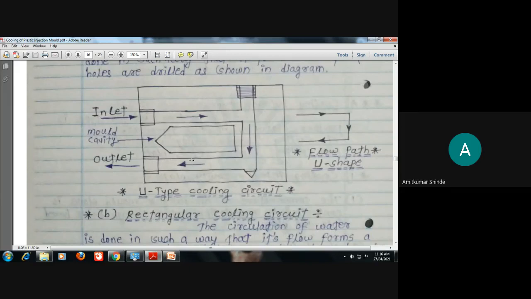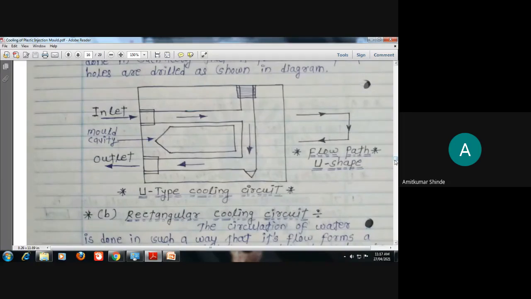These are different flowways, and the complete system, or a complete path or combined path, is termed as the circuit. This is the circuit. Okay, this is the flow path of the working fluid or water throughout that cooling channel. Okay, this is U-shaped flow path. That's why it is termed as U-type cooling circuit. Okay, so this is flowways and circuits.